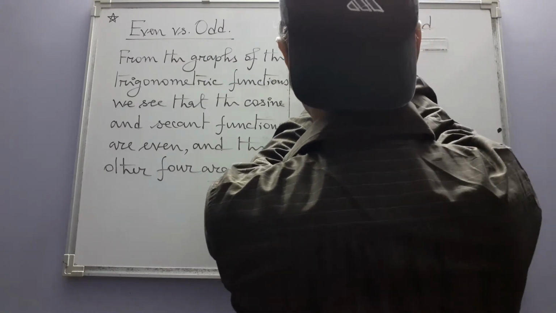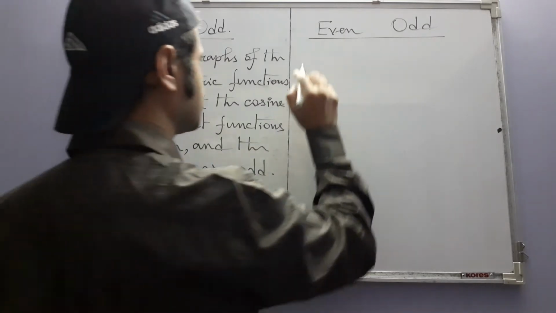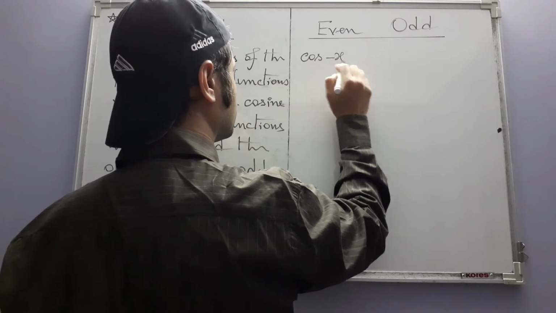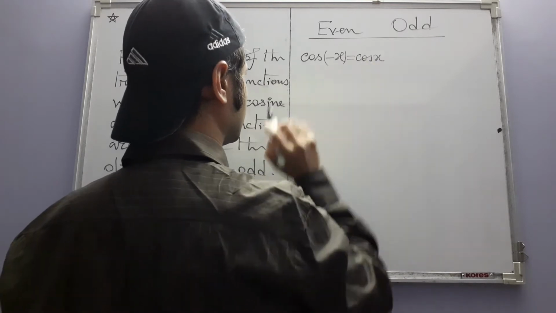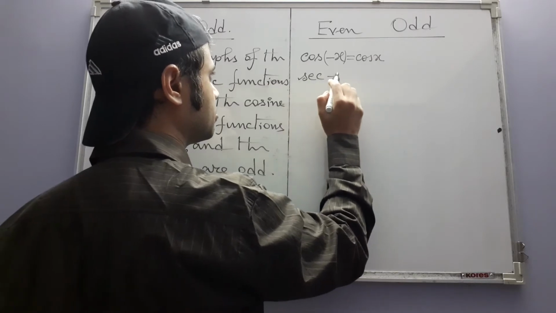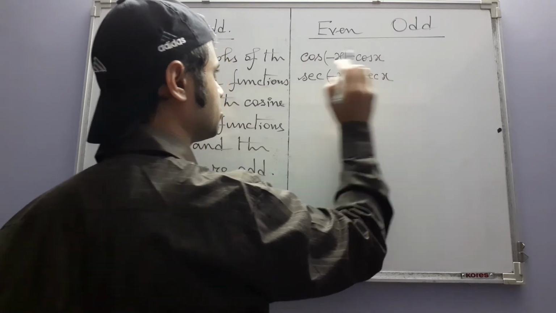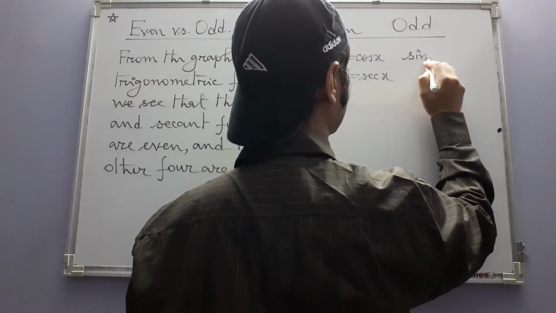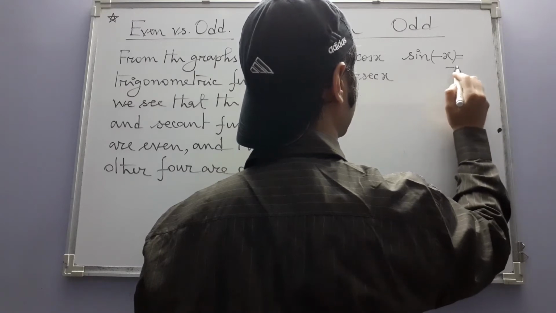So on the left side we have the even functions, and on the right we have the odd functions. Cosine is even means cos minus x is equal to cos x. Secant is also even. And the other four are odd. Sine minus x is minus sine x.